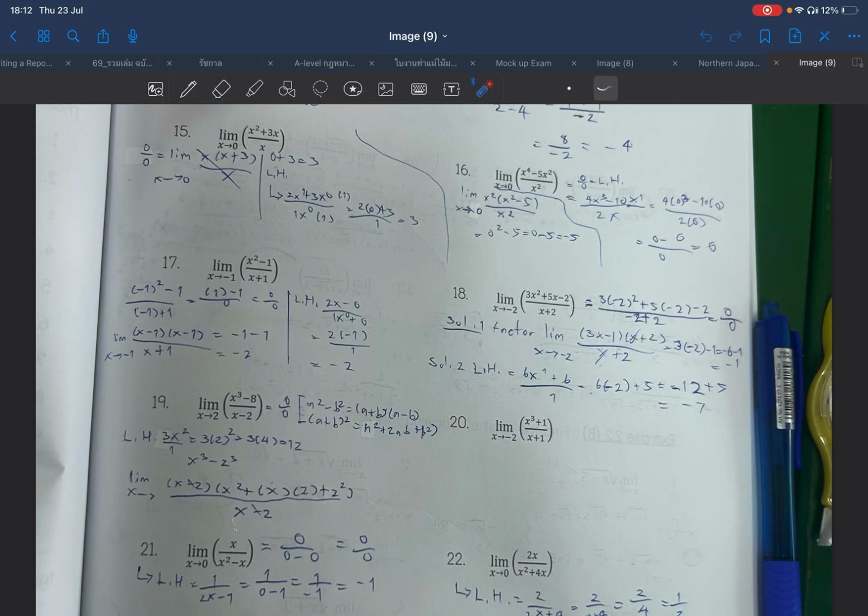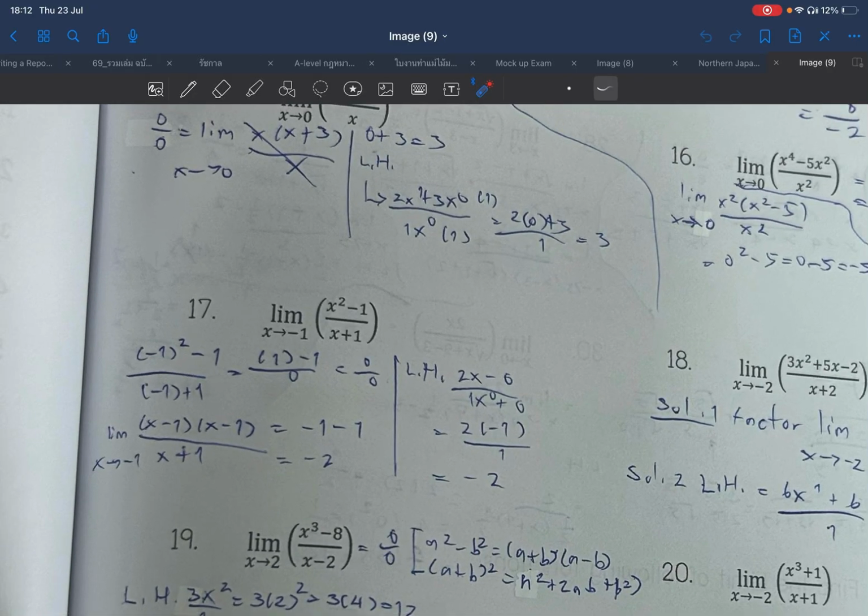Right, so 17, the limit of (x² - 1) over (x + 1) as x approaches -1. Direct substitution gives us 0 over 0 as usual. Factor the numerator using the difference of squares.